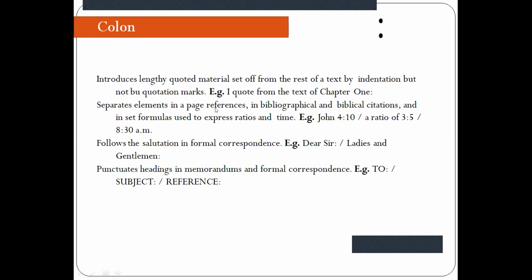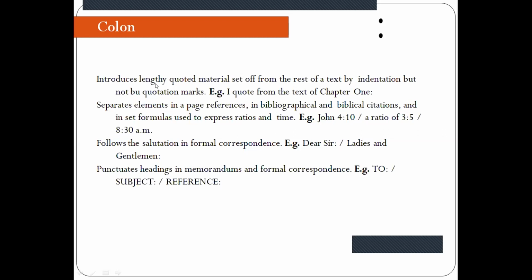The colon also separates elements in page references, in bibliographical and biblical citations, and in set formulas used to express ratios and time, e.g. John 2:3, a ratio of 3:5, or 8:00 a.m. So in most cases when you are quoting, like I quoted from the text of chapter 1, you see the size of the quotation we are trying to make.